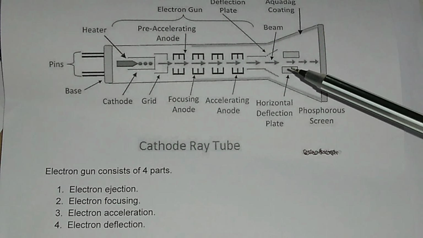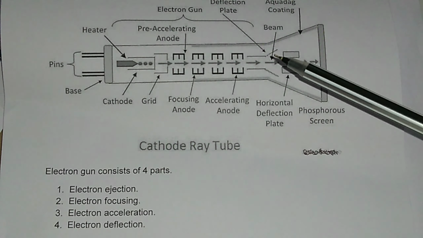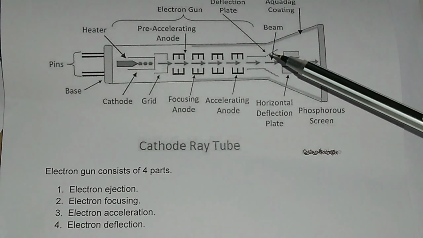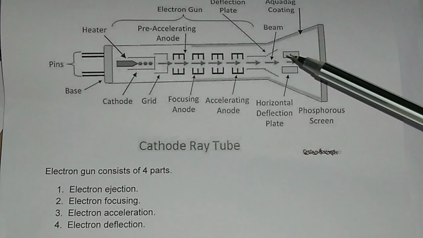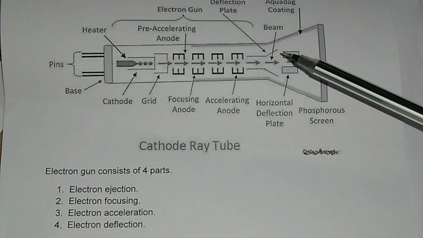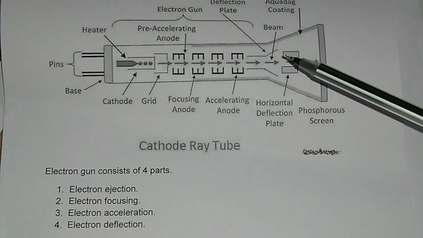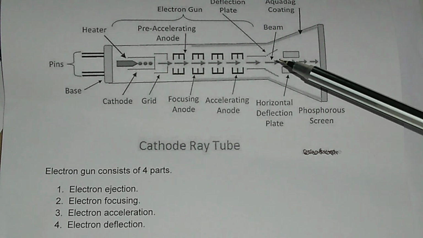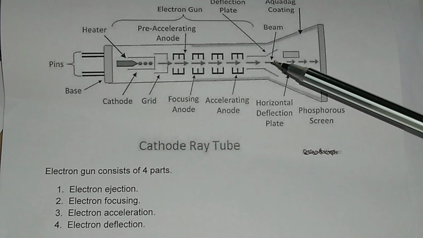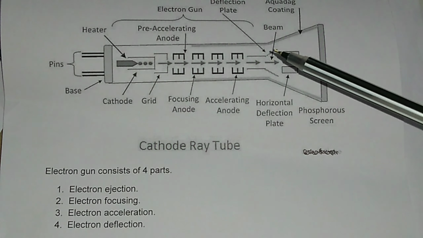Then you have another plate of the horizontal deflection set and another plate of the vertical deflection set. These two plates are given the external deflection voltage through an internal adjustable gain amplifier stage.